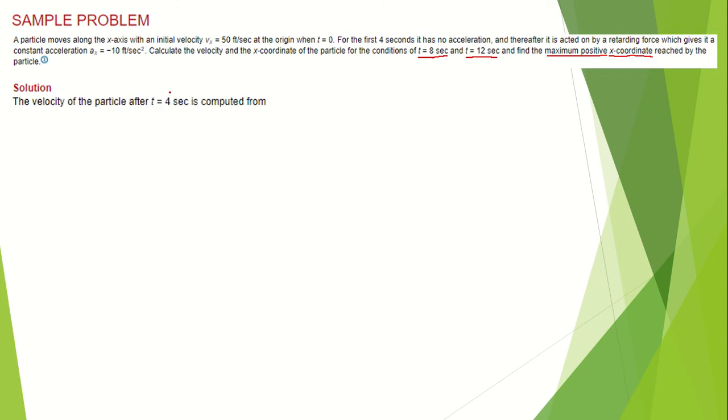So the velocity of the particle after 4 seconds is computed from this. Now we use the relationship that acceleration is just the derivative of the velocity with respect to time.